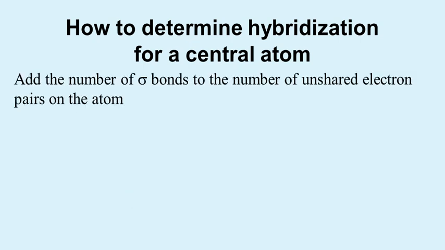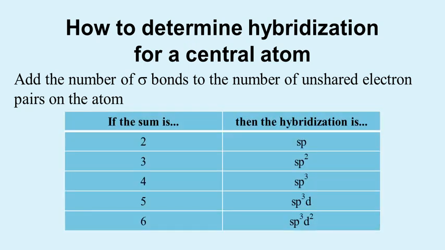You want to take the number of sigma bonds that are attached to that central atom, and you add the number of unshared electron pairs that are on that atom. And when you do that, you're going to get a number that's between about 2 and 6. And so here is how you determine that.